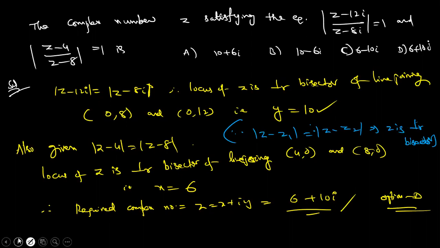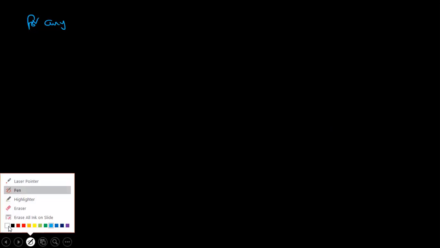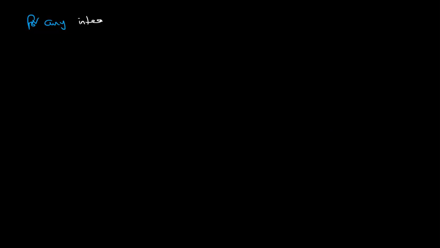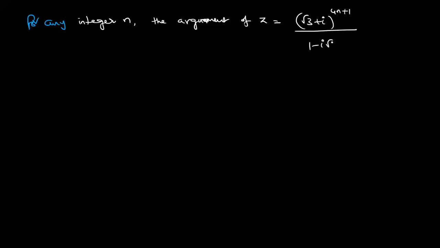Okay. Get ready. Another question. For any integer n, the argument of z is equal to root 3 plus i whole power 4n plus 1 divided by 1 minus i root 3 whole power 4n.